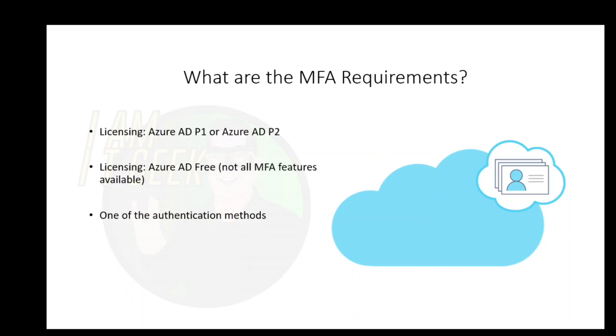These methods are available to be able to register to MFA once it's enabled. One item to note around the Azure AD free version, you can only use the mobile application, the Microsoft Authenticator app, to register. But once you have registered, users can go into their Office 365 security settings and change the authentication method. That's obviously if the admin has enabled those specific methods, so text, phone, and the hardware ID.